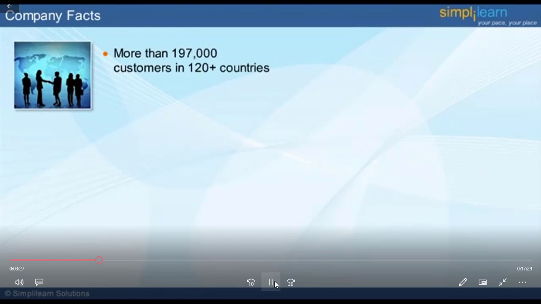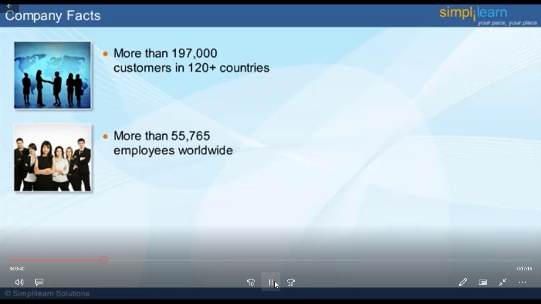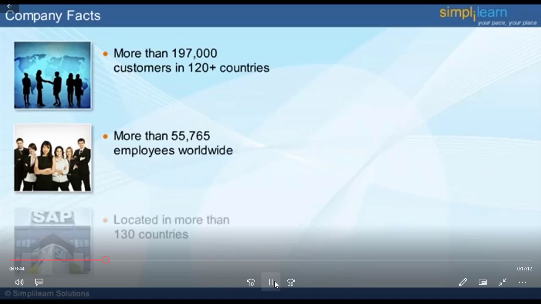Following are some of the company's facts and figures. SAP has more than 197,000 customers in more than 120 countries. It has more than 55,765 employees and is located in more than 130 countries.